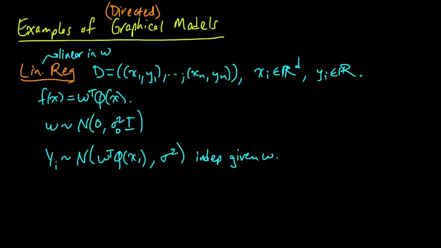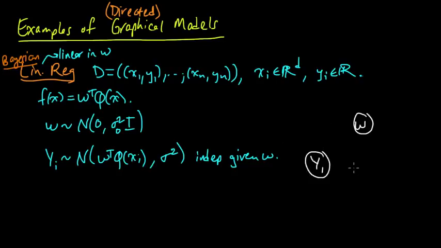And we can draw the graph for this model. Let's draw the graphical model corresponding to this Bayesian linear regression model. The graph is the following. W is some random variable, and then each of the y's is a random variable.